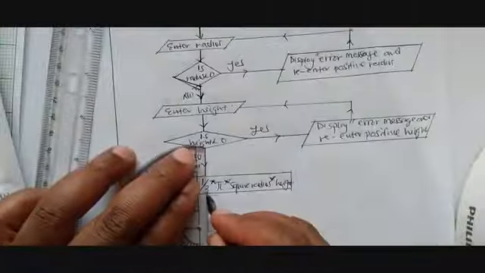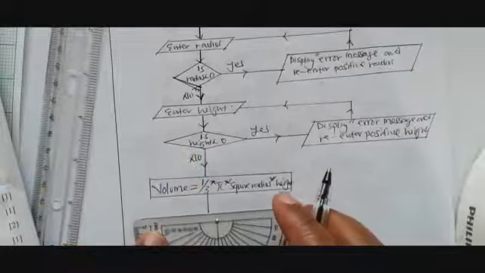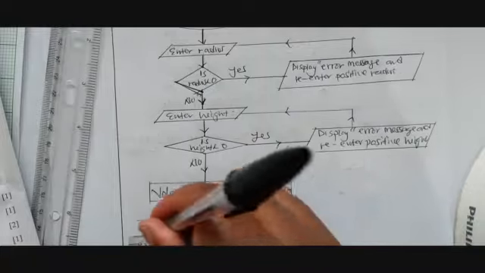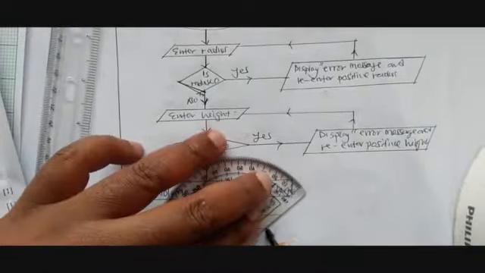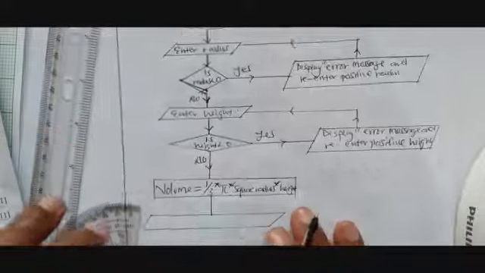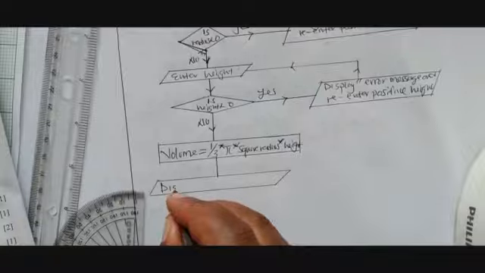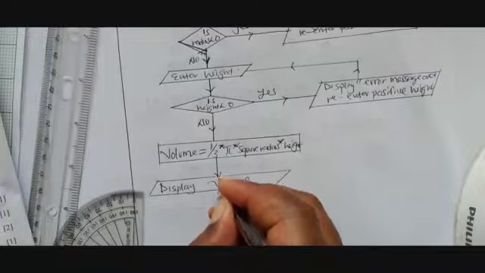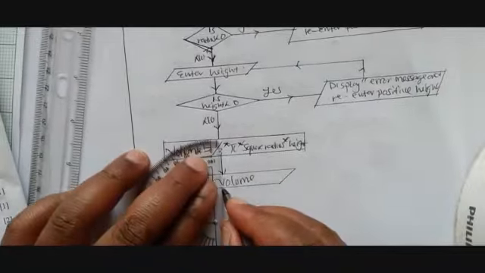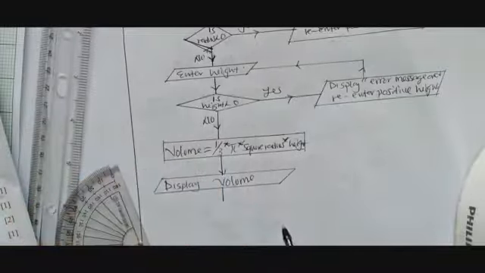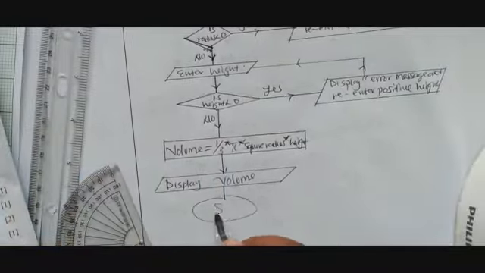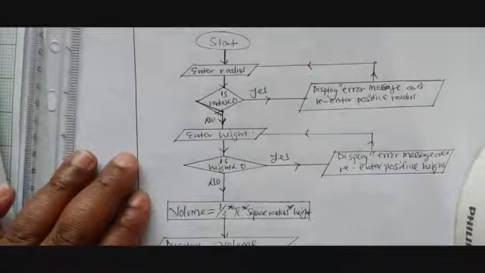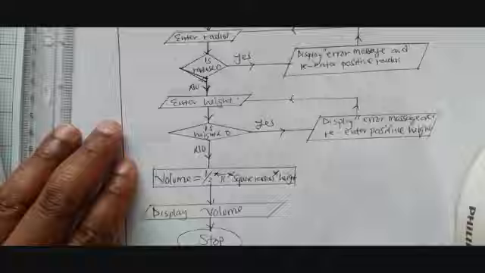So here we'll just say display volume. Then we stop. It means we are done with that one. You get your 5 marks. That is how you are supposed to do it.